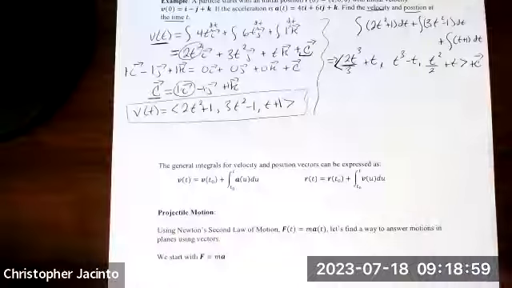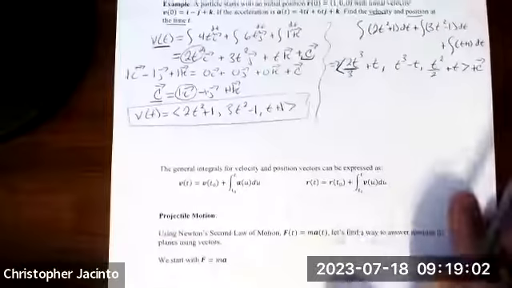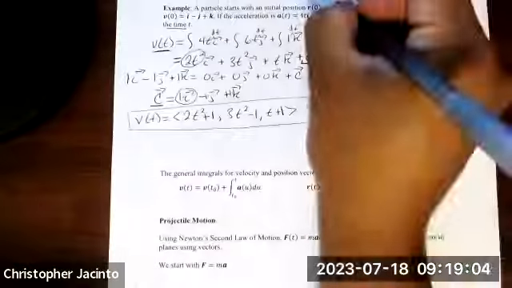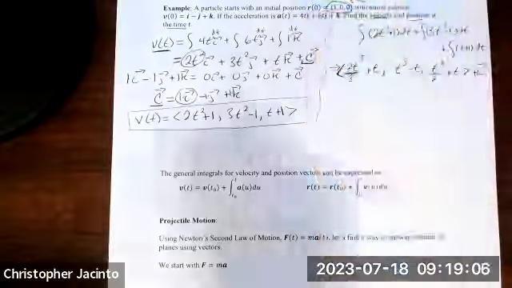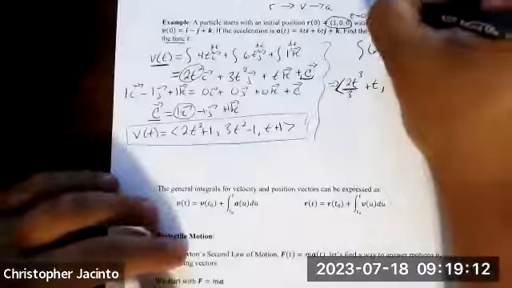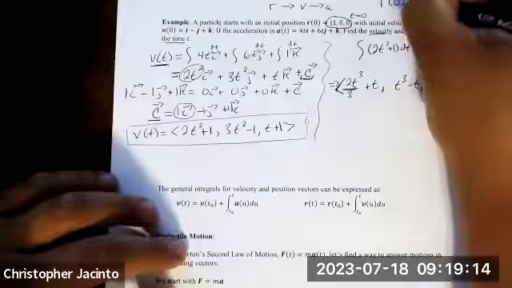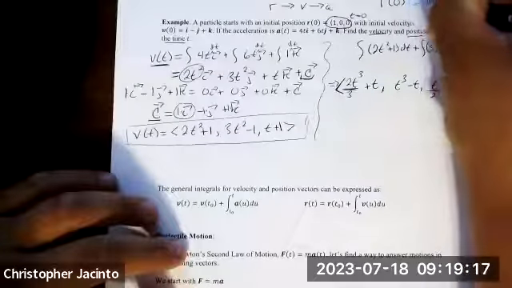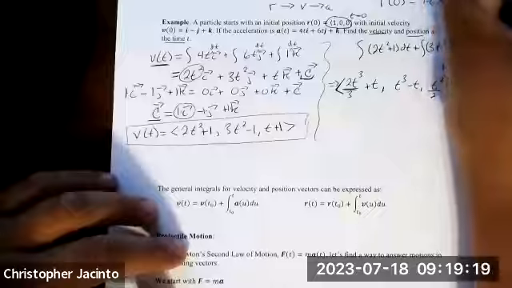Now we do the same thing we did over here, but now we're going to use our position vectors. Remember, this r of 0 is 1i plus 0j plus 0k.